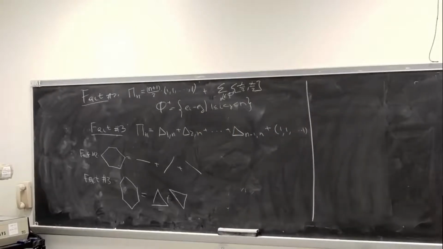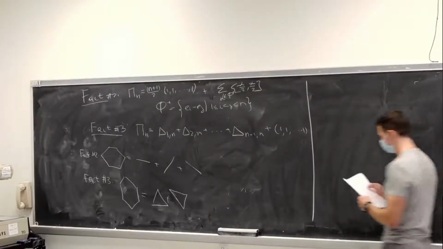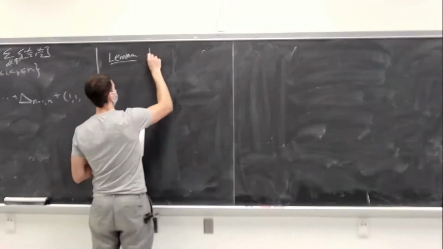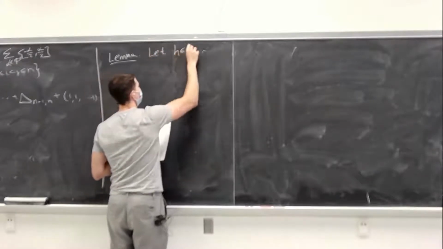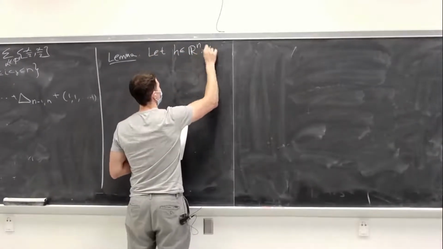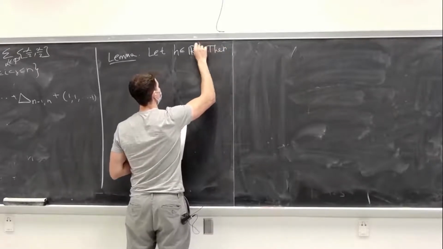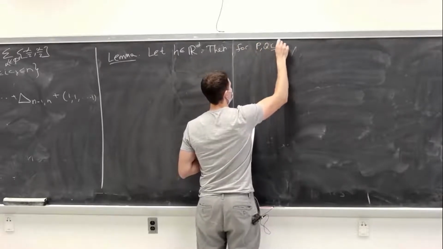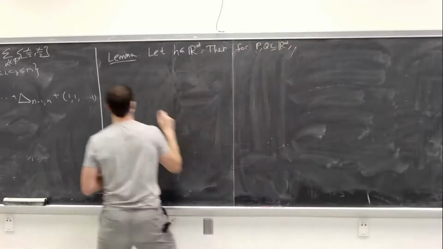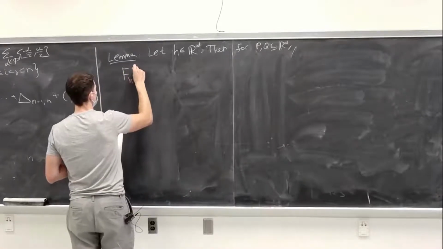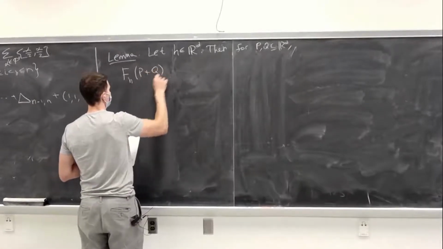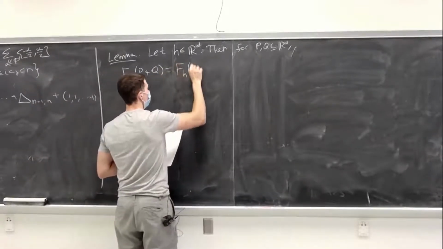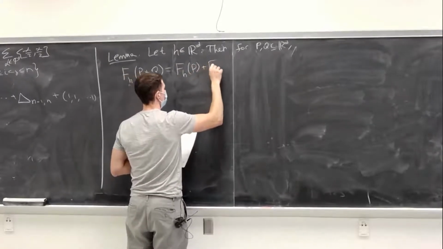The lemma was that if you have a vector h in R to the n, or maybe R to the d, then for any two polytopes P and Q inside R to the d, the face of P plus Q which maximizes the dot product with h is the Minkowski sum of the two corresponding faces of P and Q.